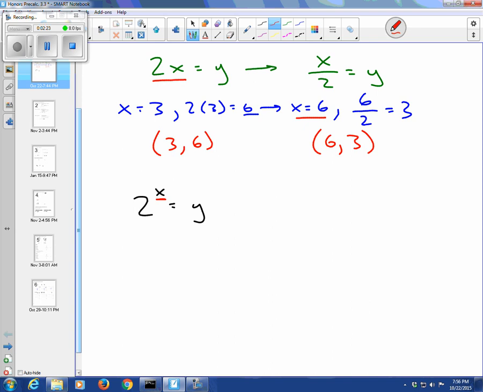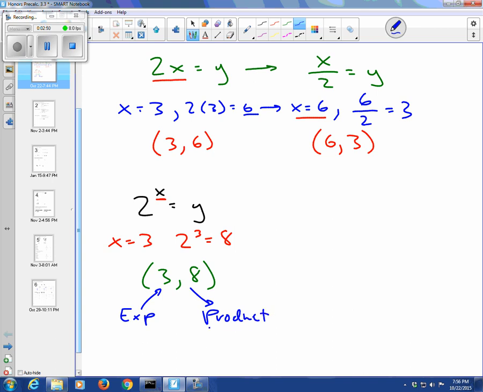So for an input of, let's say, 3, we would have 2 to the third equals 8, right? Now for our exponential function, the input is the exponent 3, and the output is the product 8. So we want to think that we're plugging in the exponent and getting out the product.